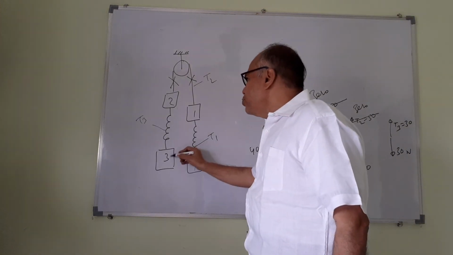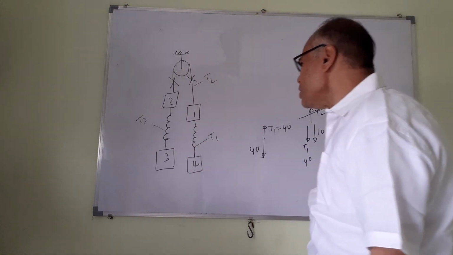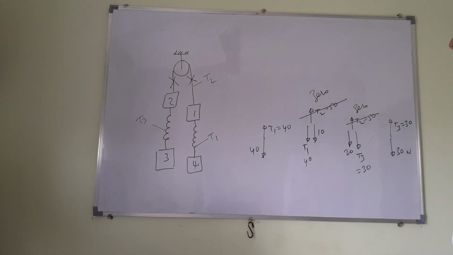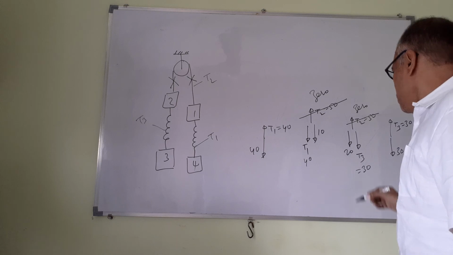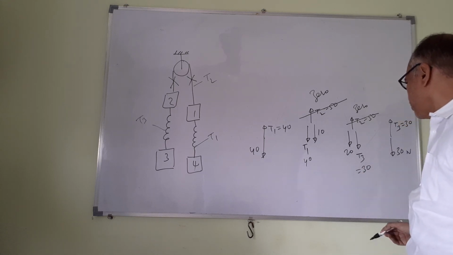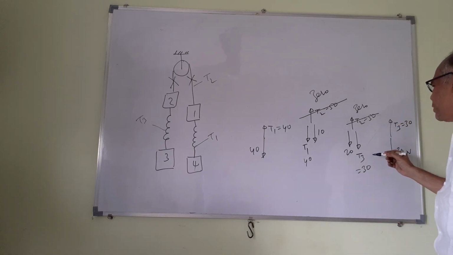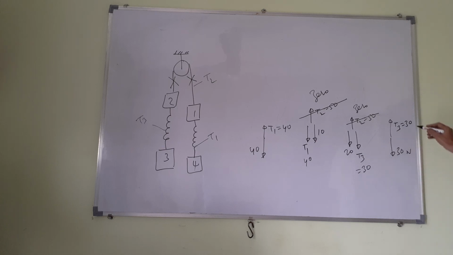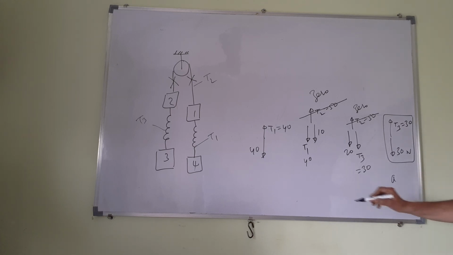So now if you come to 3, see what happens. If you take 3, this is T3 and this is 30. So T3 is equal to 30. T3 doesn't change. So therefore the acceleration of the 3 kg block will be 0.